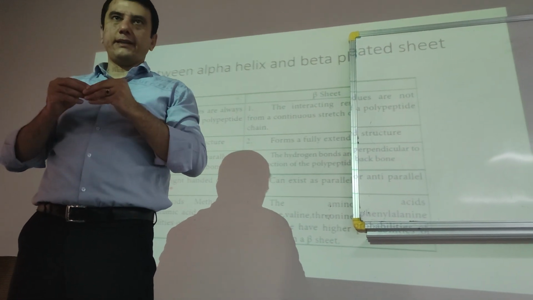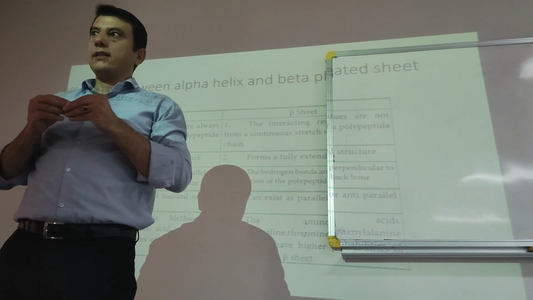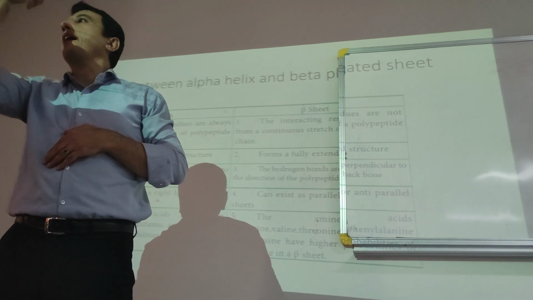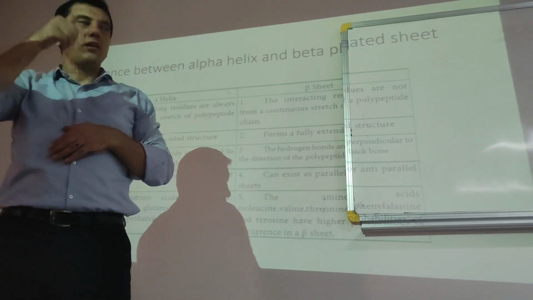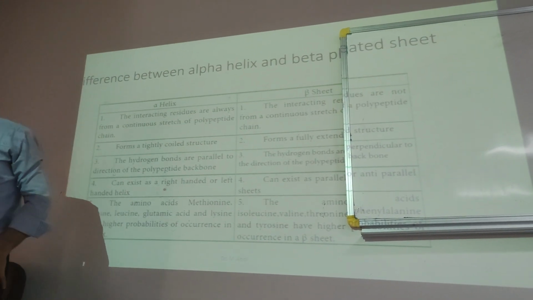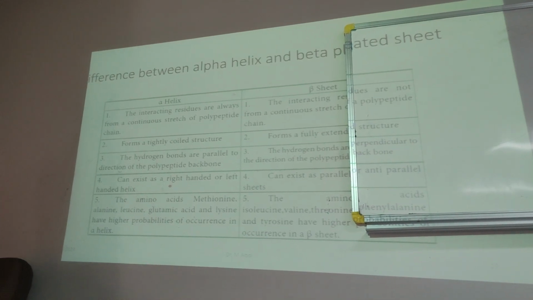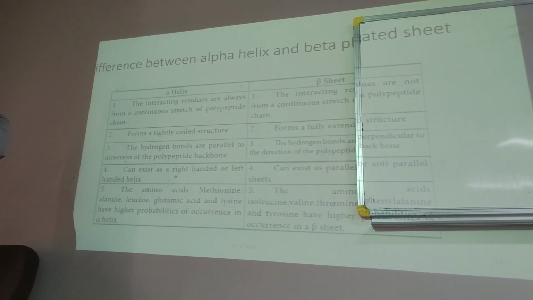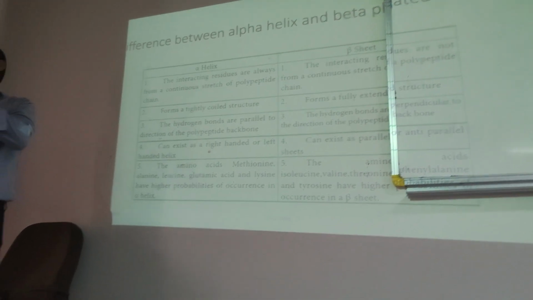All alpha helix structures are right hand. I mean, when they coil, they turn toward the right.